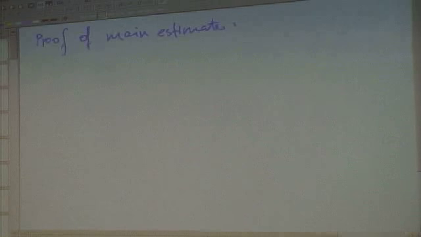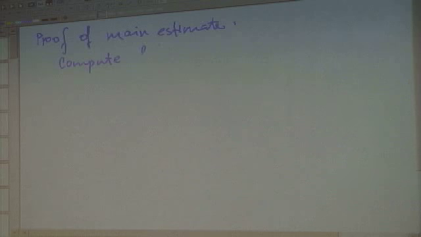The proof of the main estimate uses harmonic analysis. Basically, what you want to do is compute the Fourier transform of the counting function, and then estimate the L2 norm of that.